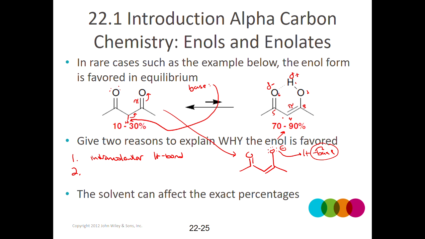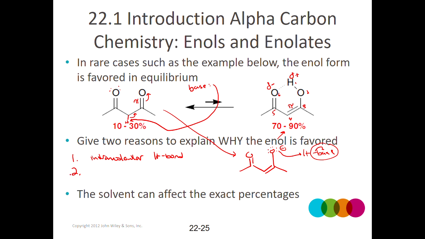So 6 atoms in a ring doesn't create much significant ring strain, and bringing those two partial charges into close proximity forms an extra attraction that stabilizes the product that the reactant can't do, because both of them are in the keto form. So that's probably the main reason why the product's favored.